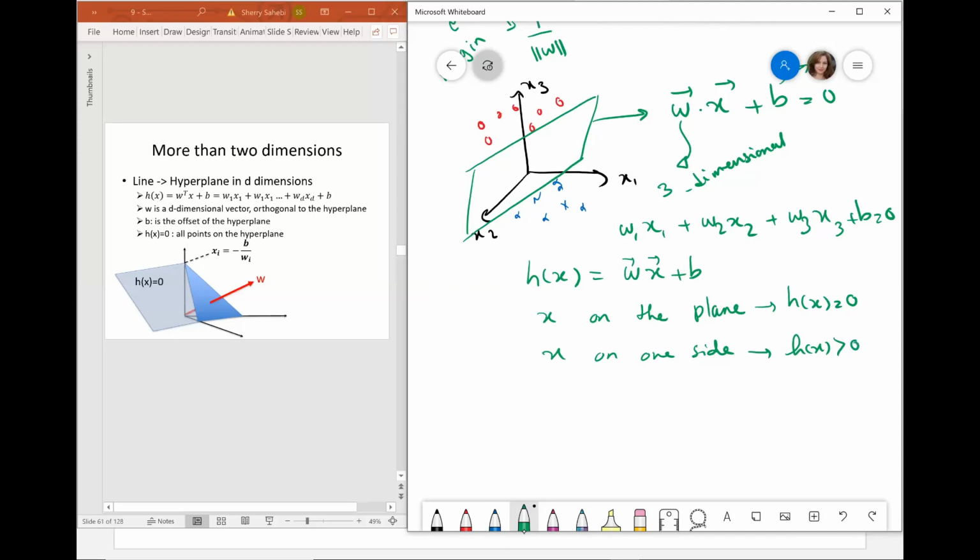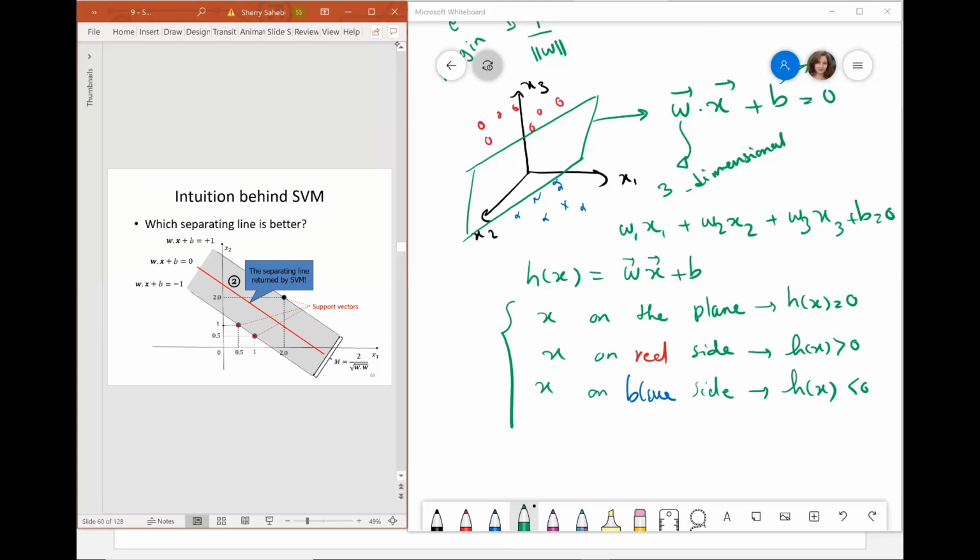So for example, here on the red side, in our example, we have h of x larger than 0. And for x on the blue side, we have h of x less than 0. Okay, so this is basically what we need to know about more dimensional spaces.